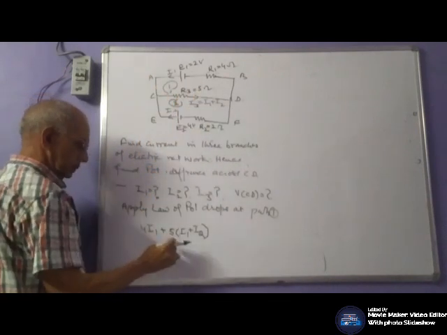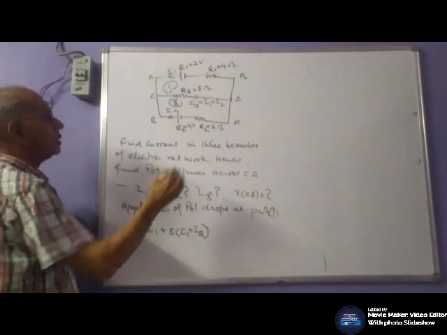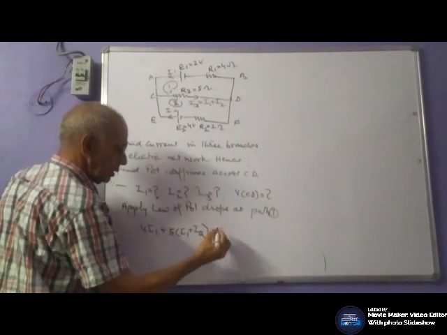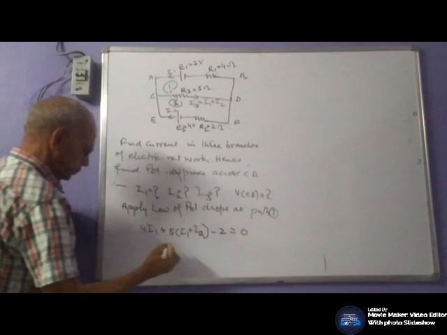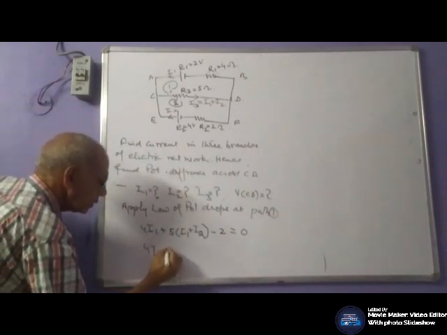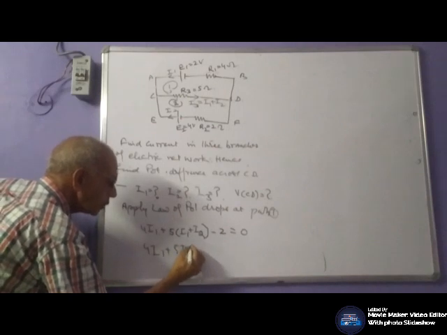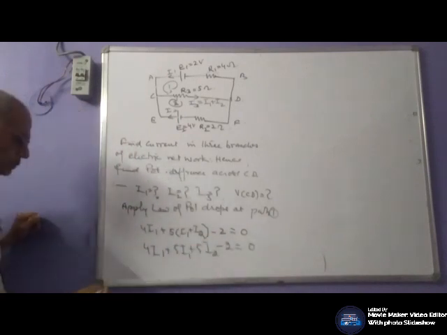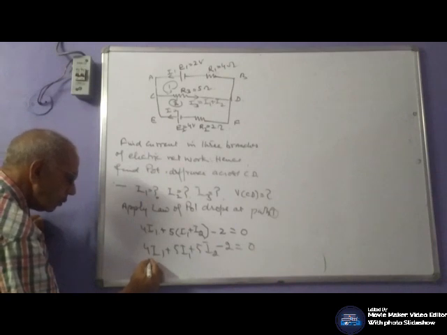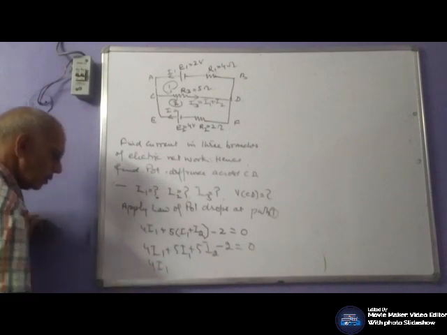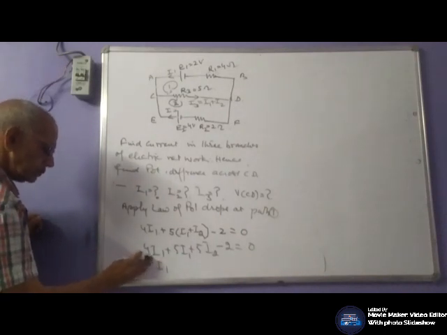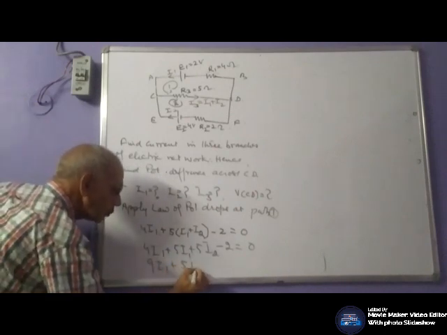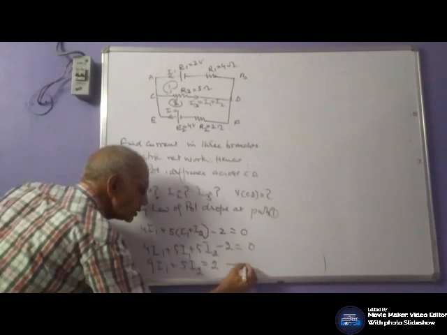Ri, R3, I3, R3, 5, and a battery path at negative terminal, it is 0. 4I1, 5I1, 5I2, minus 2 is 0. 4I1, 9I1, 5I2, 2. This is equation first.